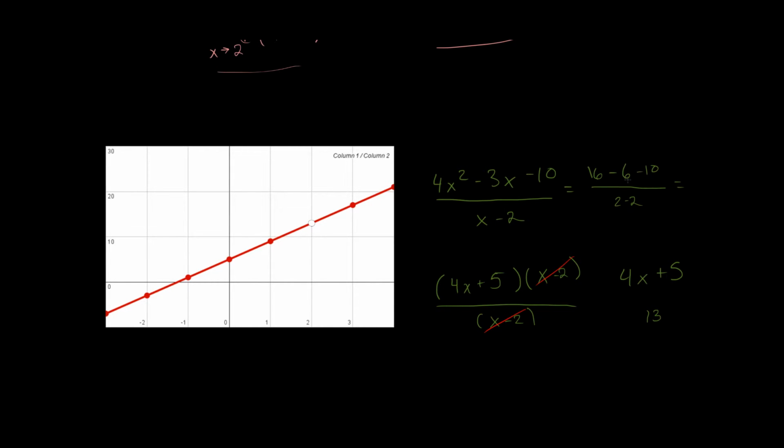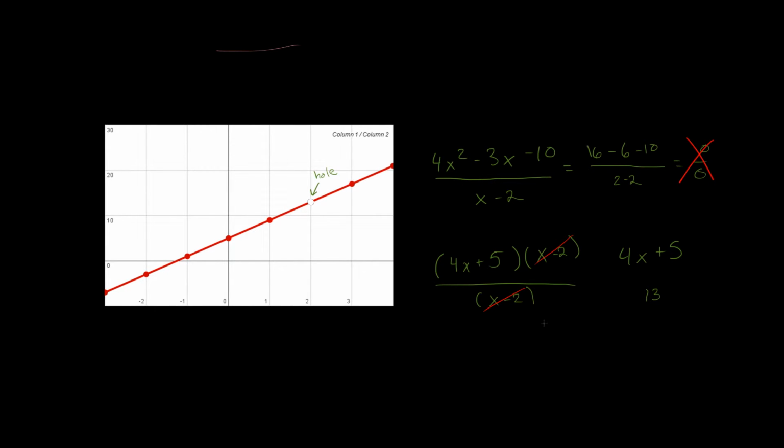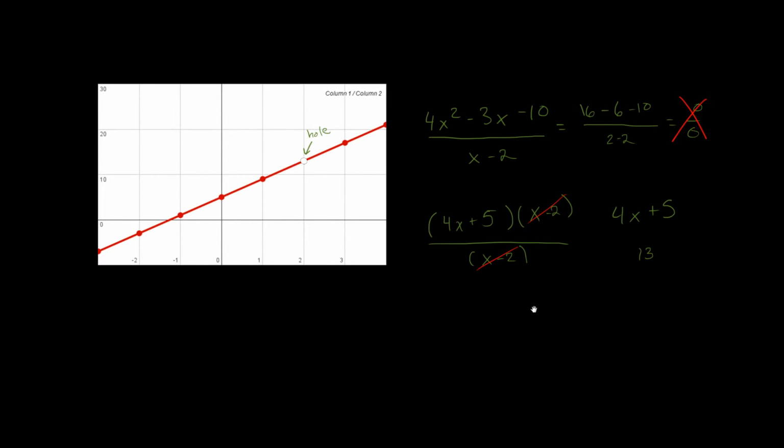So 16 minus 6 is 10, 10 minus 10 is 0, 2 minus 2 is 0, and this does not work out because we can't divide anything by 0. So obviously there's a problem with just plugging in 2. And as you can see, that's the reason why we actually have a hole in the graph right here. So if we can't just plug the number in, we're going to have to find the limit to see what the graph is approximately equal to there.